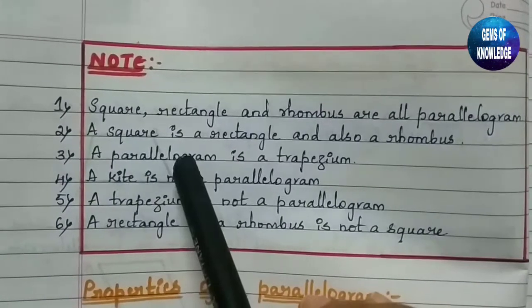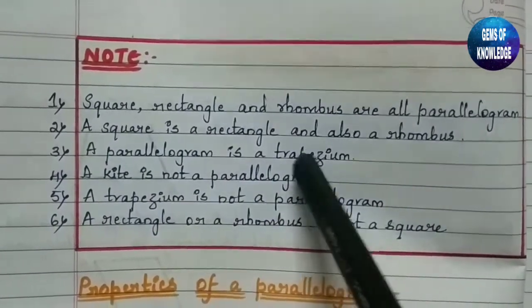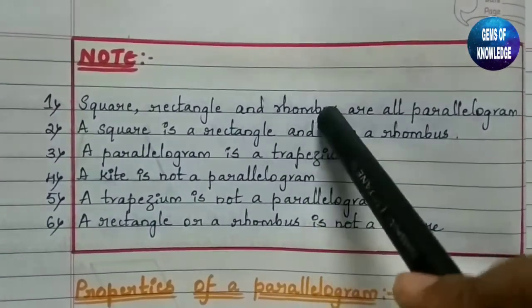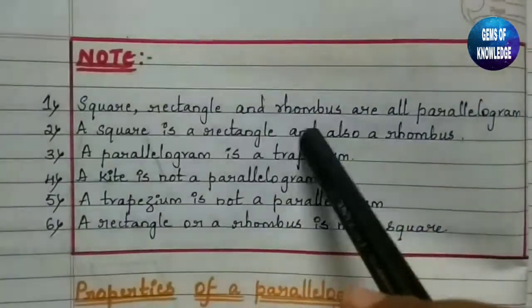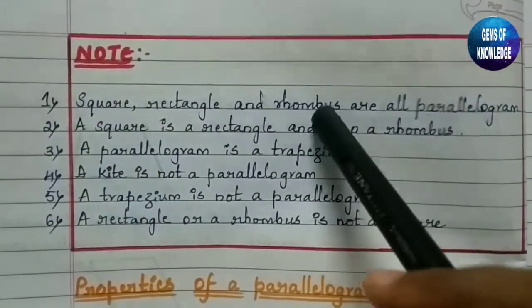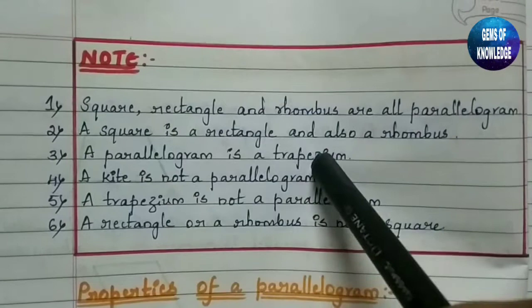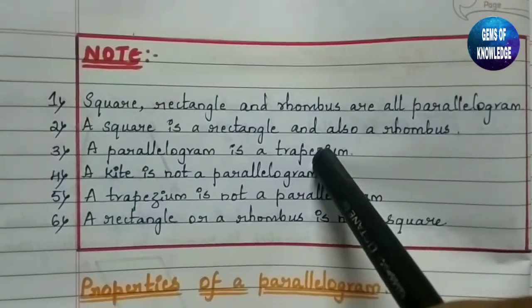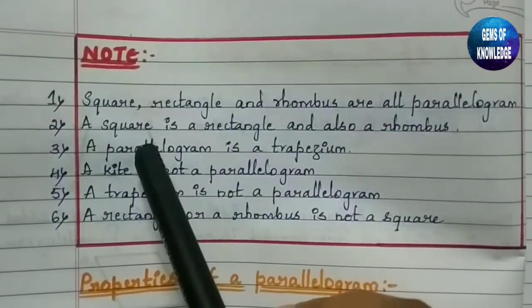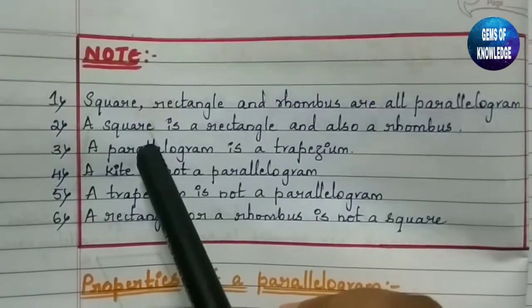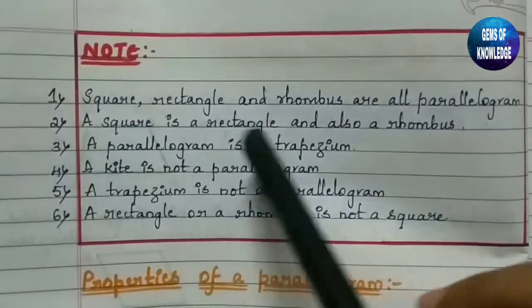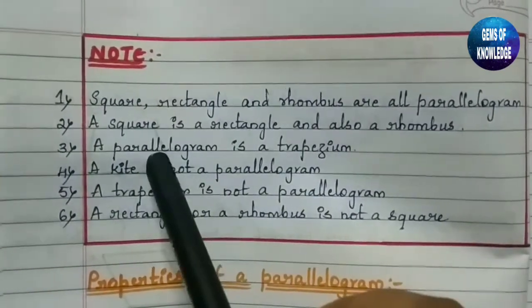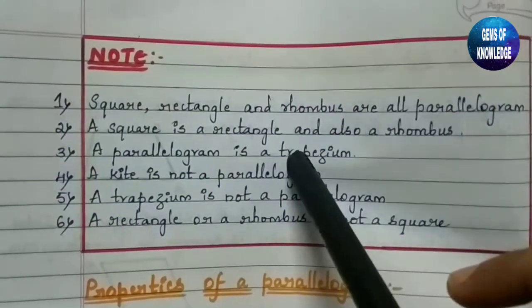Then a parallelogram is a trapezium. So what is a trapezium? In case of trapezium, one pair of opposite sides will be equal. So in parallelogram both the pairs of opposite sides will be equal. So we can say that a parallelogram is also a trapezium.